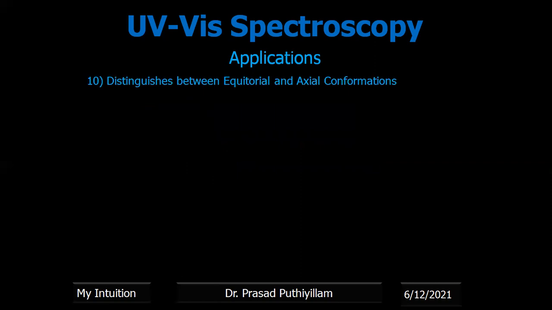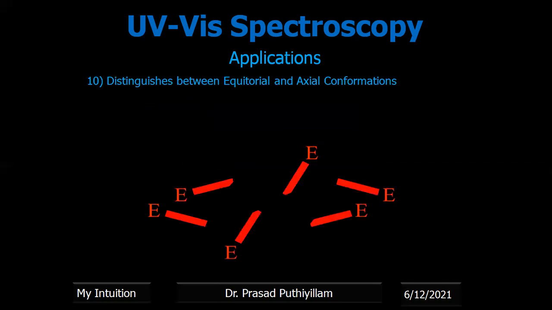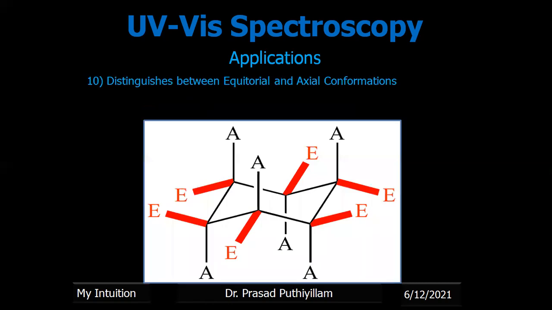Distinguishing between equatorial and axial conformation. We always studied what equatorial and axial conformations are, but still, it needs the hexagon. So a hexagon, the cyclohexane, and at this particular position, if any substituent is present, it is equatorial, and these are our axial.